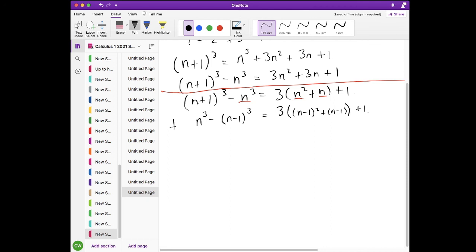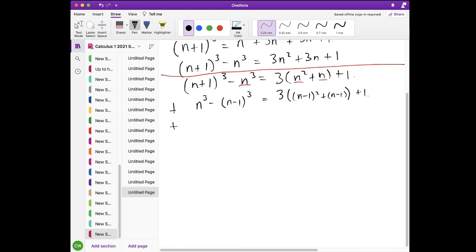Can someone tell me what the next term is going to be? If that's the second term, what's the next term? What do I put here?